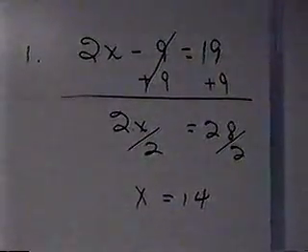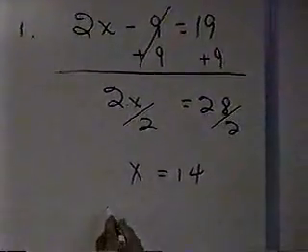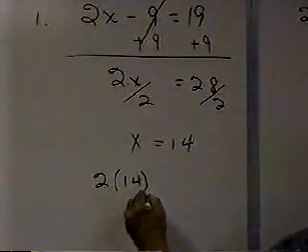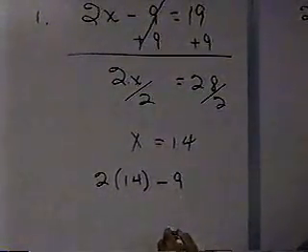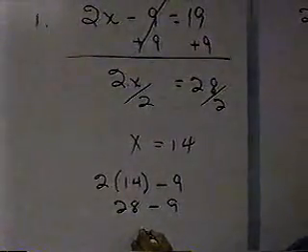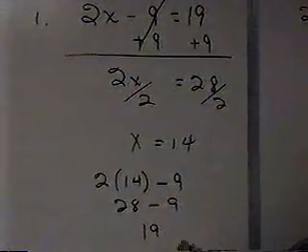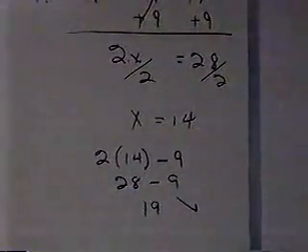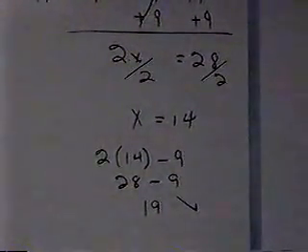And then we check it. Don't forget to check your answers. All right? So the equation was 2 times x, well that's 14, minus 9. And that's 28 minus 9, which is 19. And sure enough, that checks. So we did the problem right. All right, let's look at example 2.